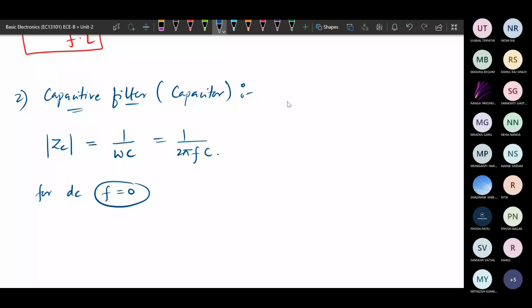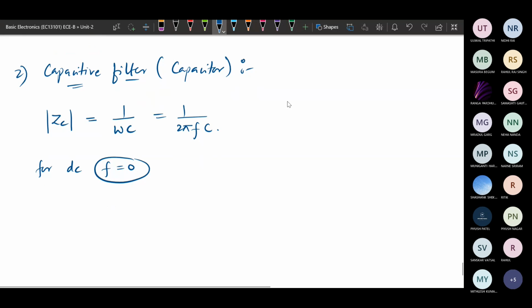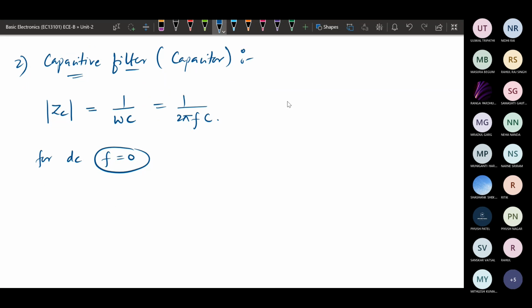So if we put this value, it implies ZC will be infinite for DC. If the resistance offered is infinite, that means it will be like an open circuit.